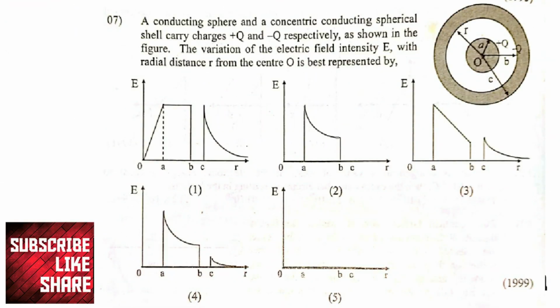A conducting sphere and a concentric conducting spherical shell carry charges plus Q and minus Q, respectively, as shown in the figure. The variation of electric field intensity E with the radial distance R from the center O is best represented by which graph?